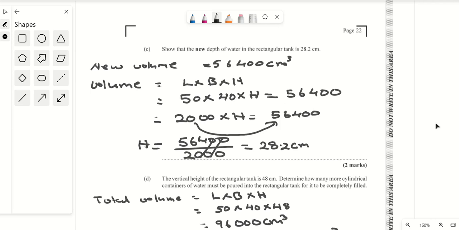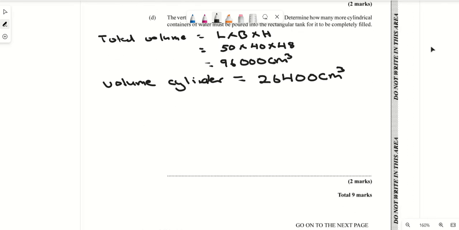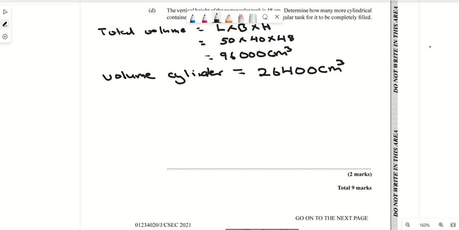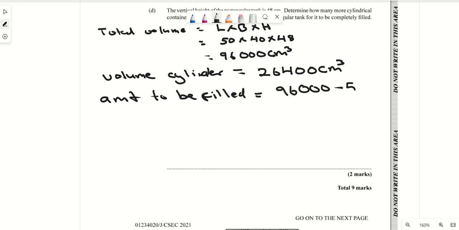So we want to find out how much remains to be filled. The amount to be filled would be 96,000 minus how much is filled, 56,400.